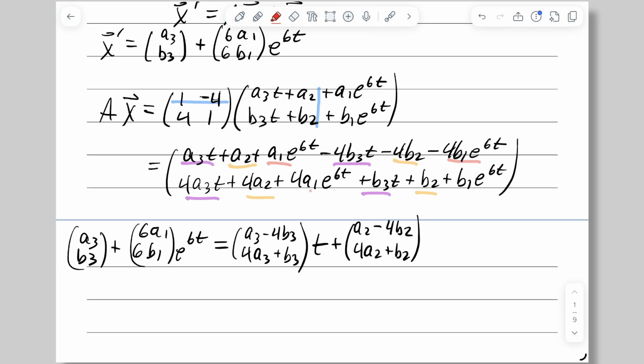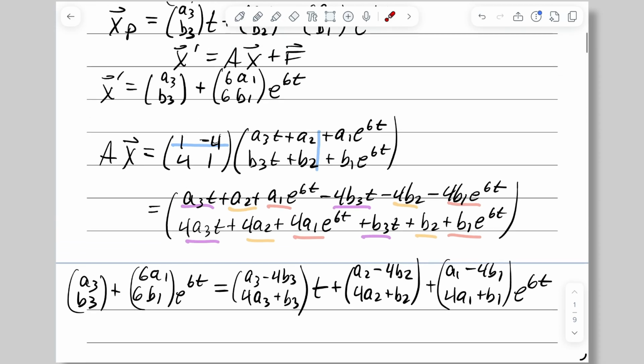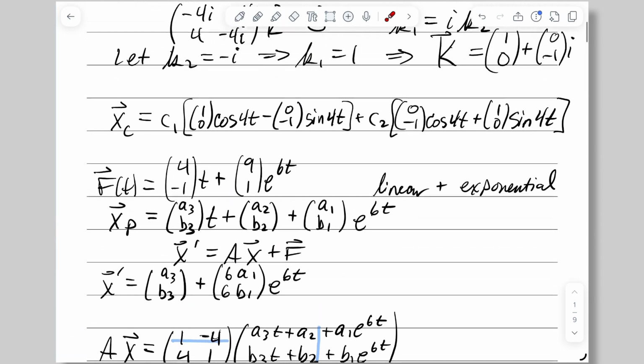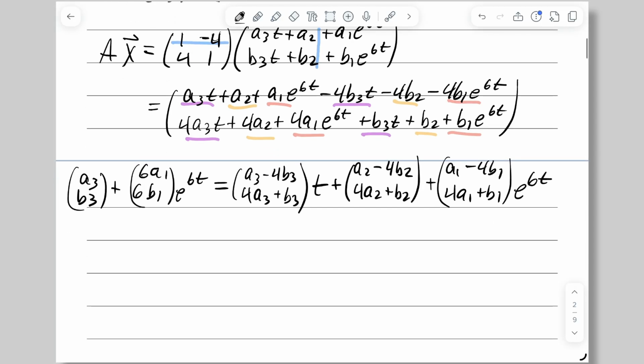The exponential terms give us a1 minus 4b1, and then 4a1 plus b1 times e to the 6t. So far, all we've written down is x prime equals Ax. Don't forget the f. Our f is 4t plus 9e to the 6t, negative t plus e to the 6t.